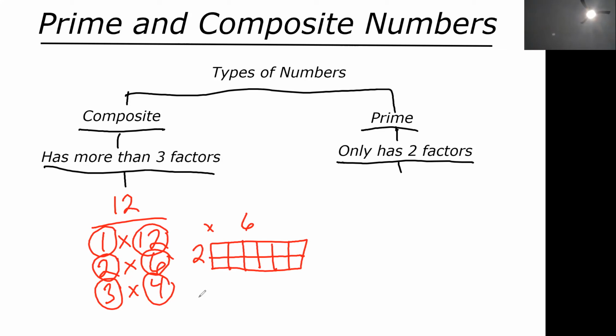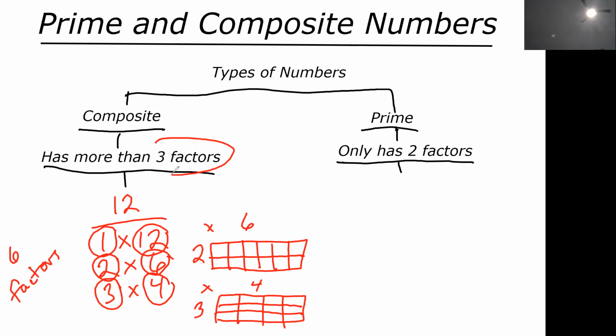And if I want to draw my 3 by 4, it'll be something like this. And there should be 12 little squares in there too. So since this one has 6 factors, that means it's 3 or more, which makes it a composite number.